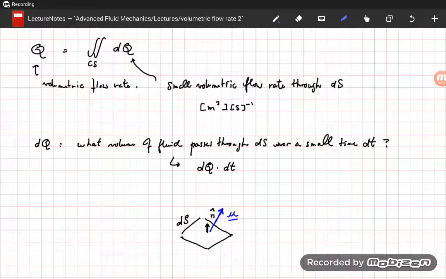To answer this question, we're going to ask ourselves, where is all of the fluid that is going to pass through this surface dS in the next dt? So in which volume is the fluid which will in fact pass through dS over this time dt and will correspond to this dq dt here?